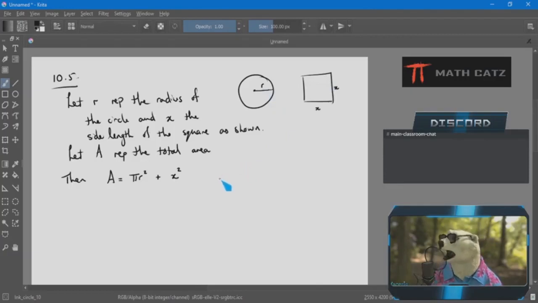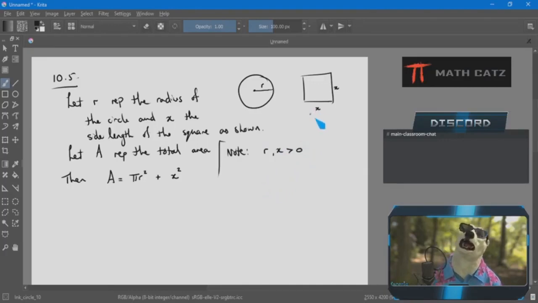So my extreme cases, my endpoints, definitely I need both of these quantities to be positive, right? But there are maximum restrictions on what they can be as well. So let's just put that in a side note here. Both r and x should be positive.